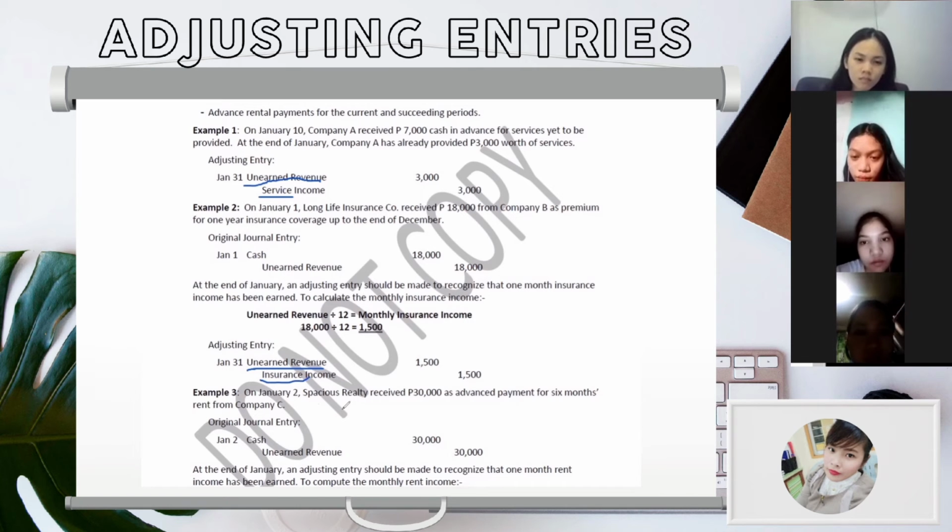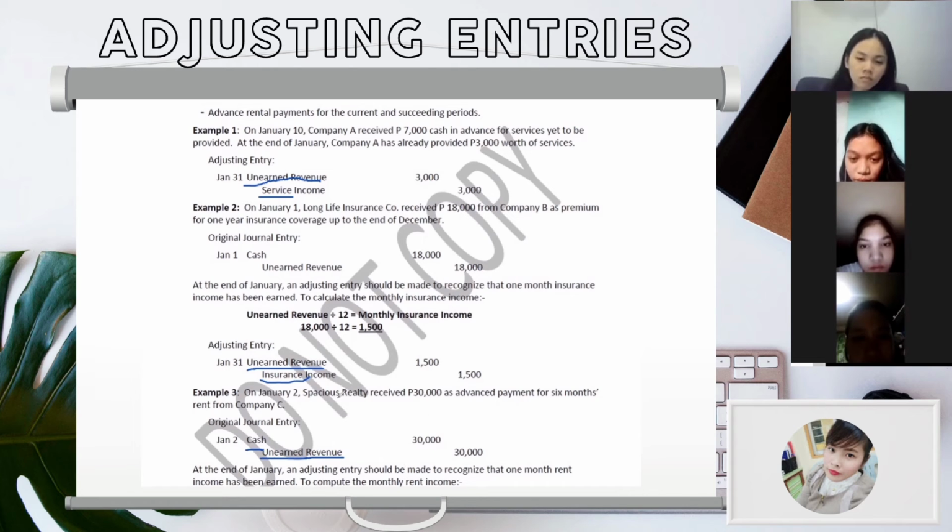Okay, sabi dyan, Spacious Realty received 30,000 as advance payment for 6 months rent from Company C. So, kung ito yung original entry, cash, tapos unearned revenue. So, at the end of January, okay, so ibig sabihin, meron diyang nagamit na ni client.